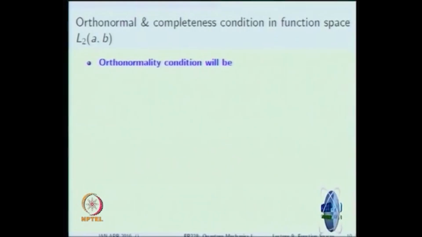Just for completeness, for an L2 space between A and B, the inner product which we defined for a finite dimensional vector space becomes, in the function space, an integration of dx between A and B, phi n star phi n, to satisfy this orthonormality condition.